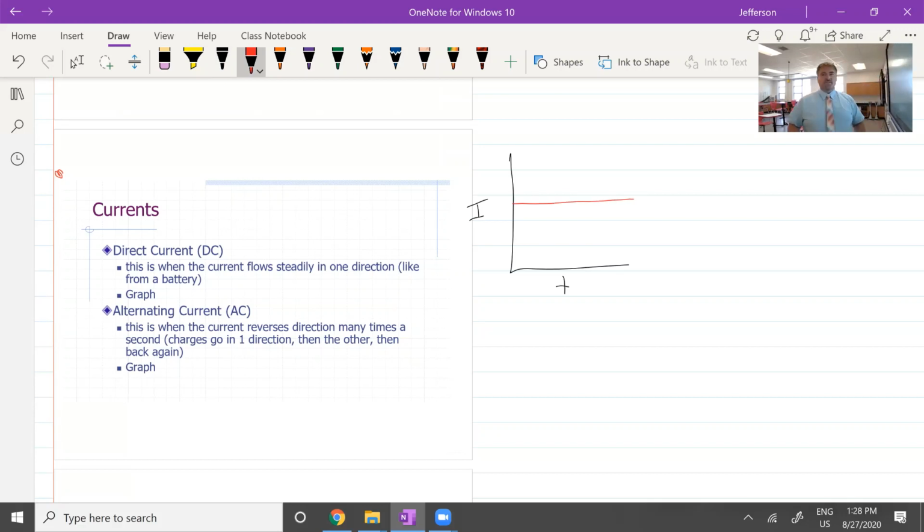It's constant. It doesn't matter. The current is going to stay going constantly in one direction. It flows from the positive to the negative and is going to continue to go at that amount the entire time. That's why it's called direct current, because it goes in one direction. So it goes in one direction the whole time.